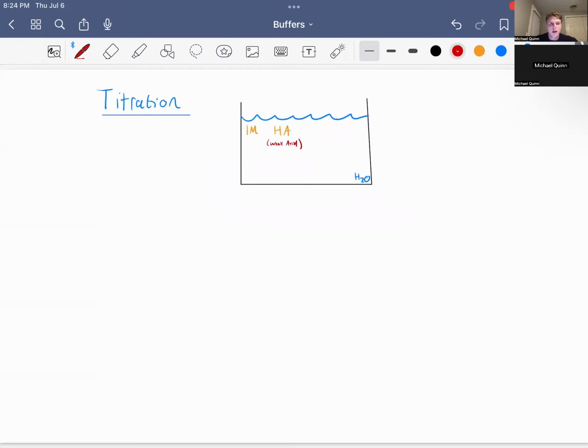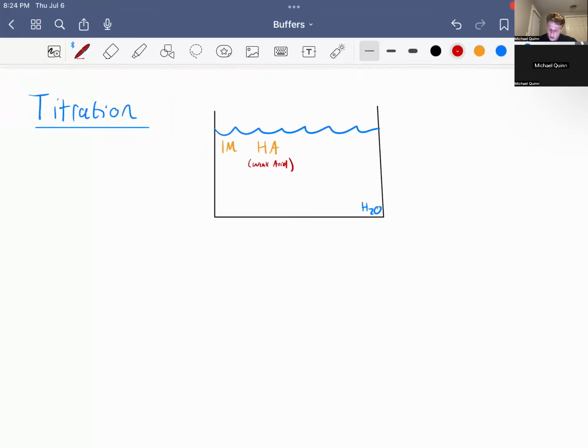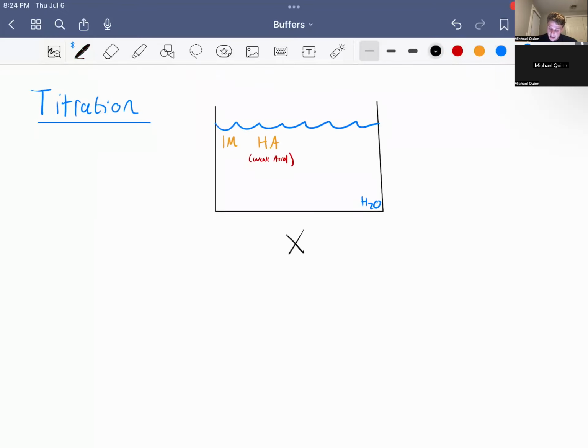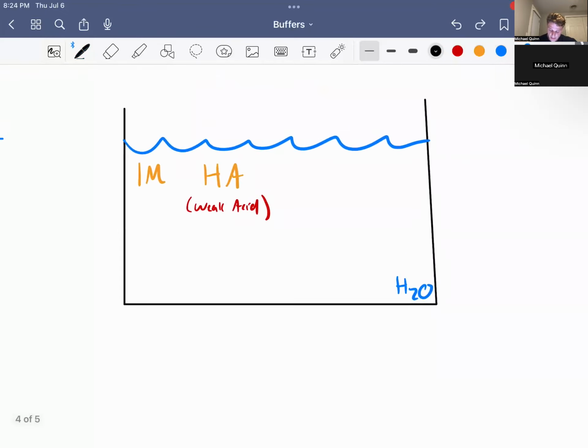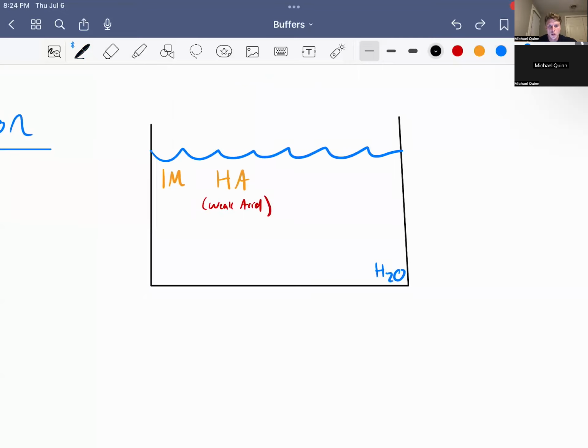In the video I made that went through each individual beaker to decide whether we had a buffer solution, we would call this beaker not a buffer, simply because this beaker is missing the conjugate base to the weak acid HA. So in order for this beaker to satisfy the requirements of a buffer, we would need A minus, which is the conjugate base of HA, in order to say that this is a buffer.